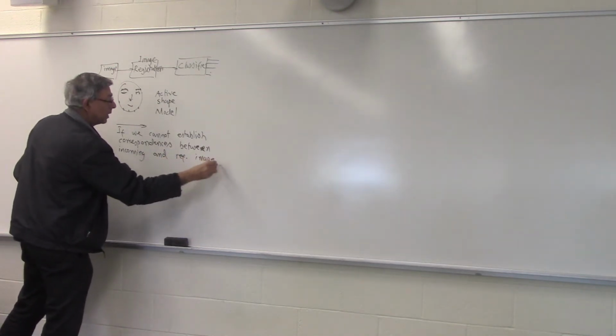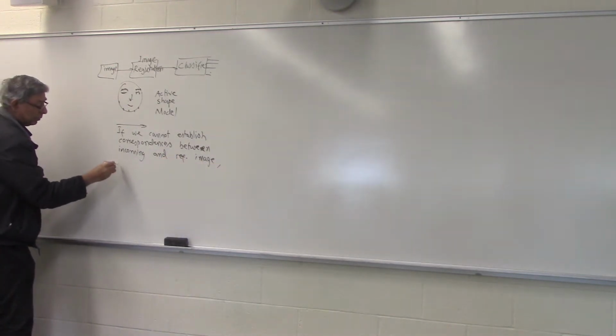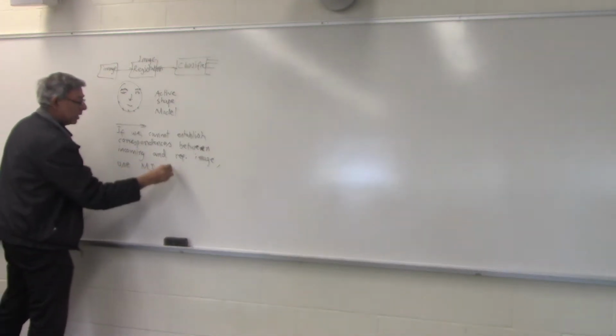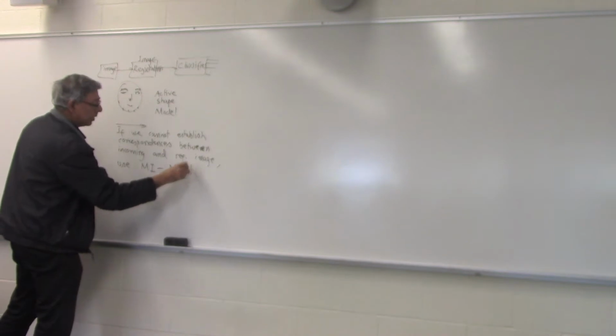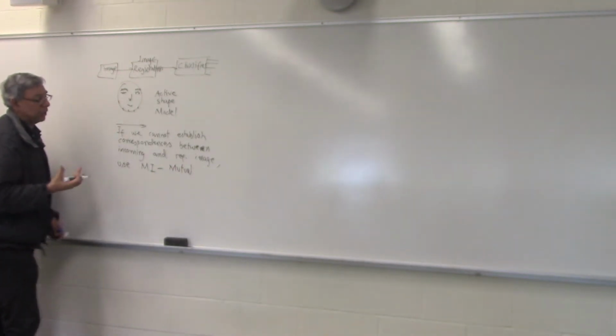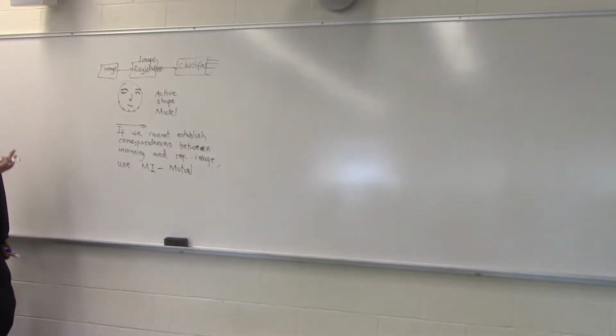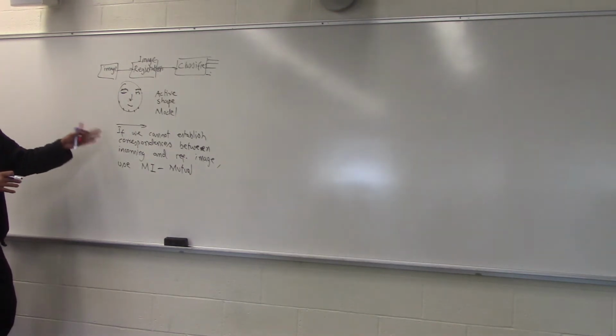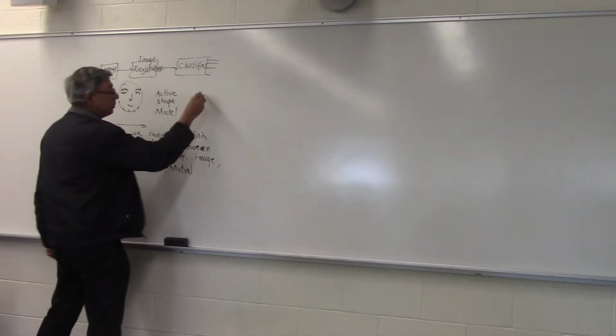Then we can use the mutual information technique, which was based on the joint PDF divided by the individual PDFs, and if we take the log of that and try to minimize this, whatever transformation we come up with minimizes the mutual information.